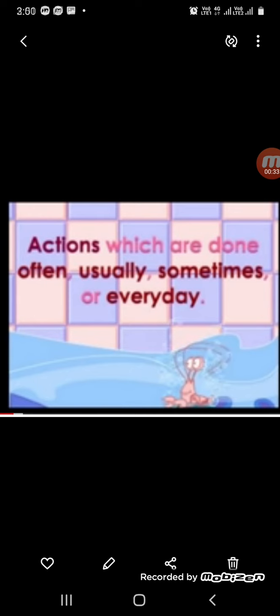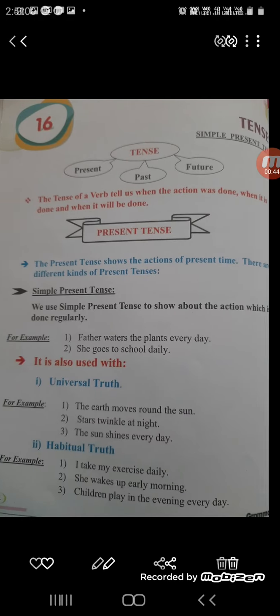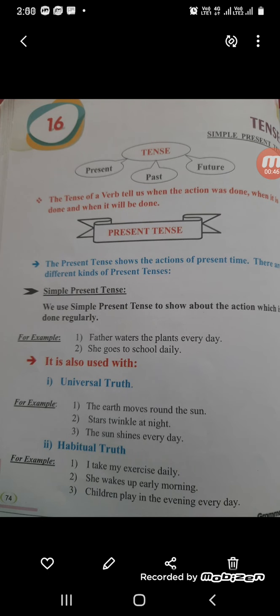Actions which are done often, usually, sometimes or every day. This is the simple present tense. Now see the chapter, page number 74. Tenses are in three forms, that is present tense, past tense and future tense.